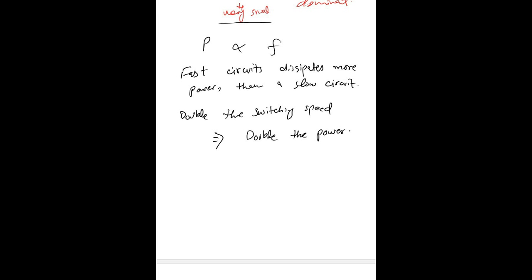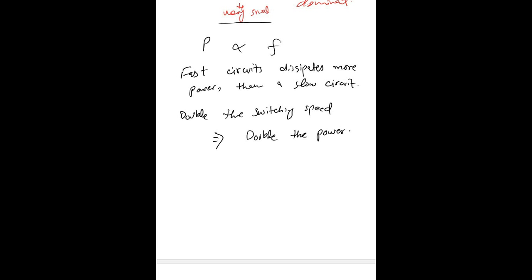But we had seen it earlier in the rise and fall time calculations. We cannot increase our frequency beyond a specific value, because we have to keep in mind the rise and fall times as well. There should be a trade-off between increasing the frequency and the power, and also the rise and fall time.